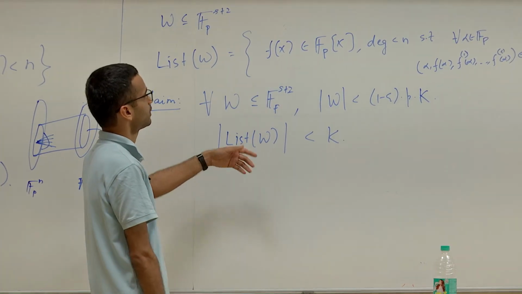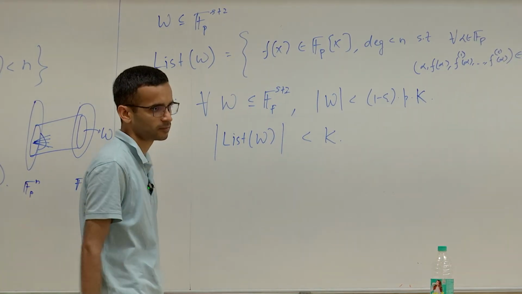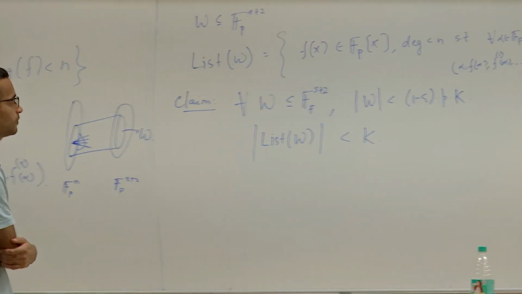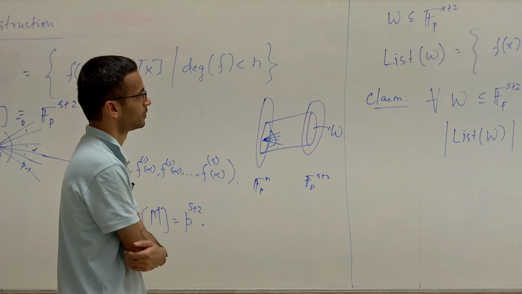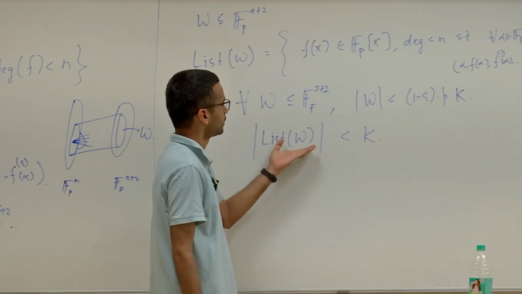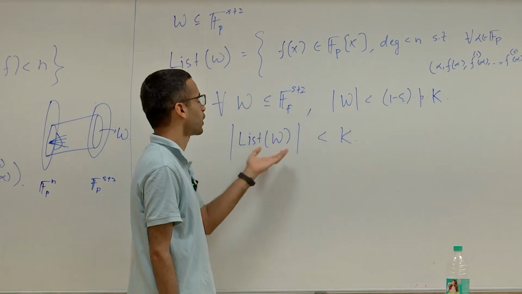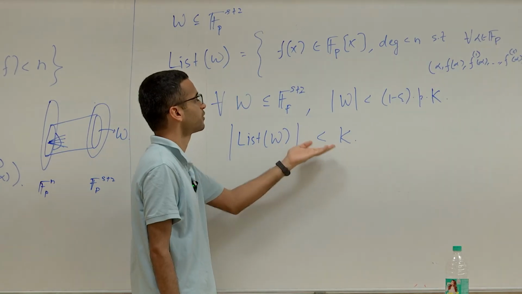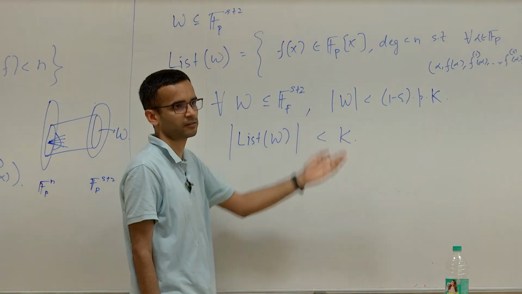So this is showing that sets of size k must expand. We are going to prove the contrapositive.